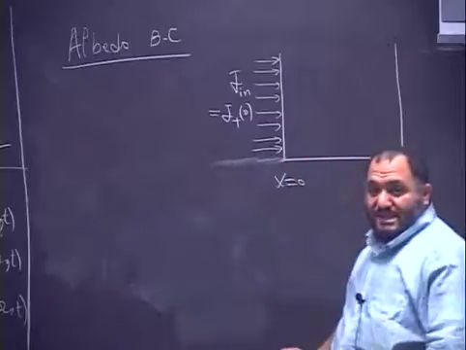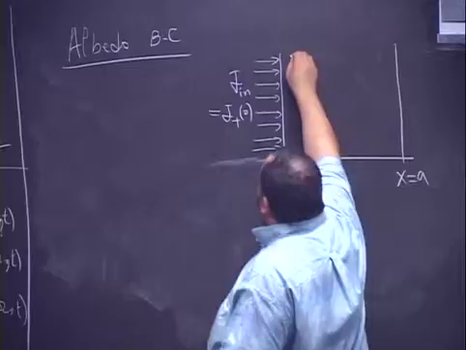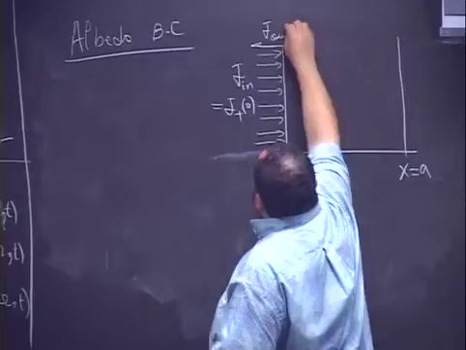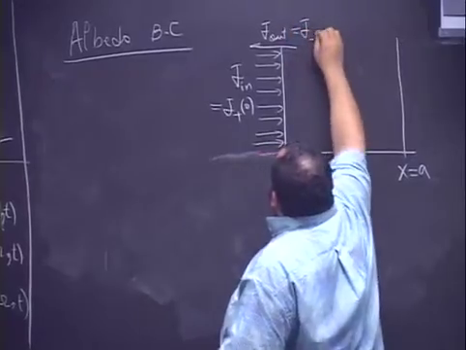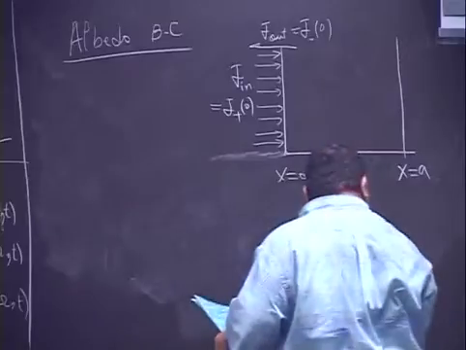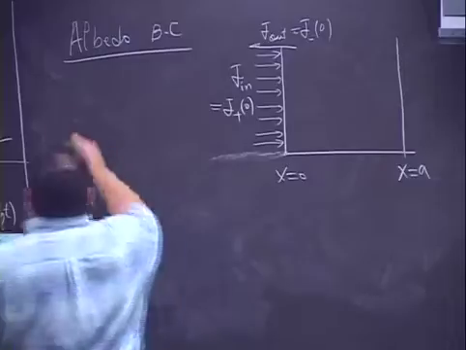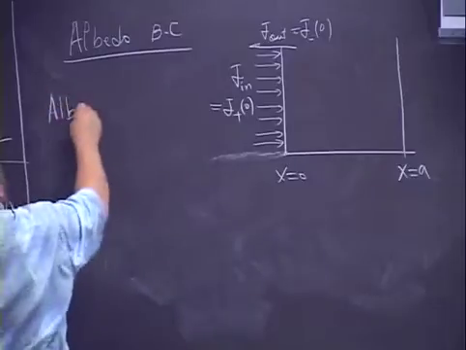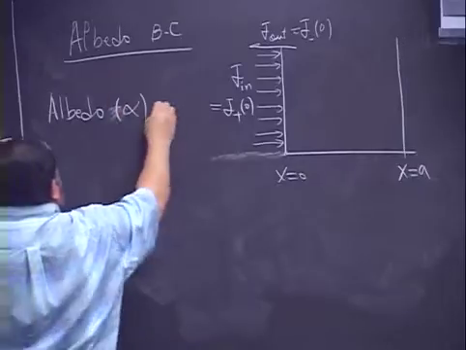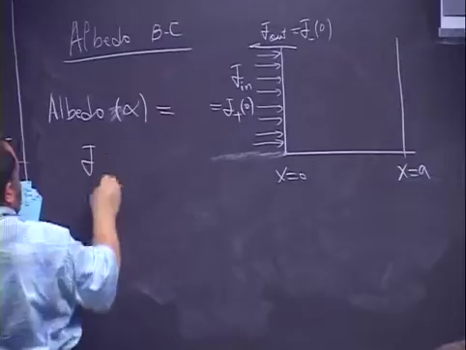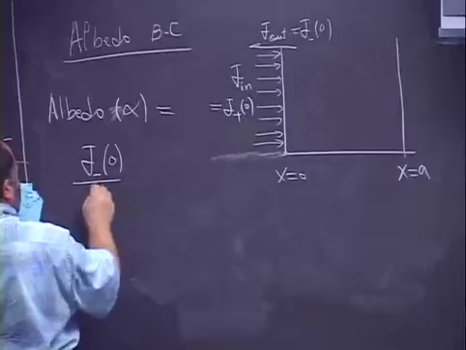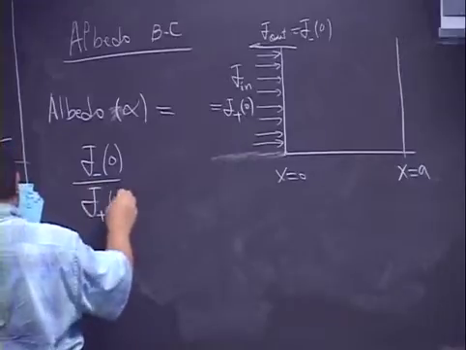You expect that some scattering will happen from the surface, and you will have J out. And what's J out? It is J minus at 0. So the albedo is alpha, and it is just equal to the outgoing current at the boundary divided by the ingoing current at the boundary.